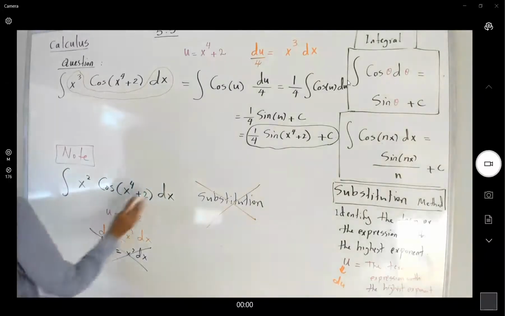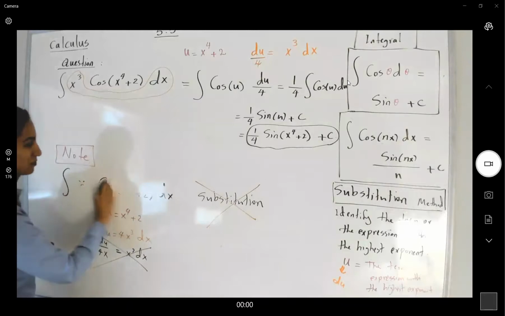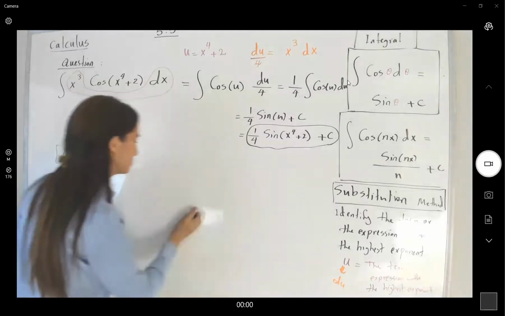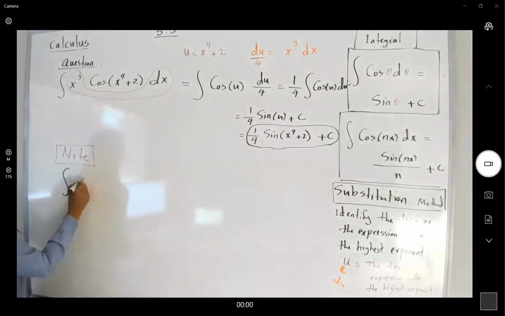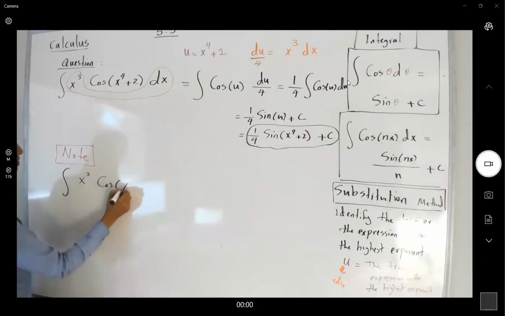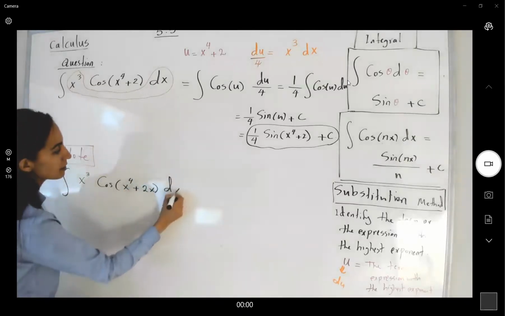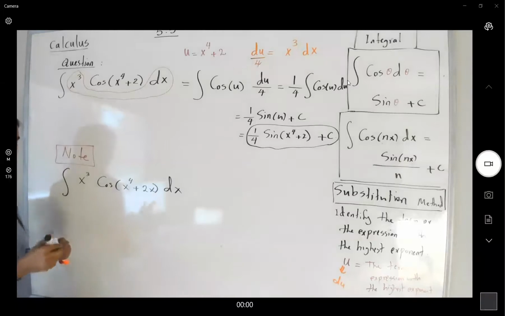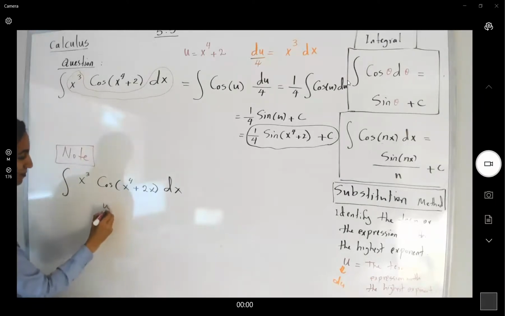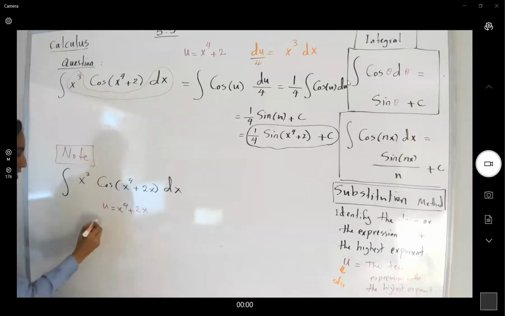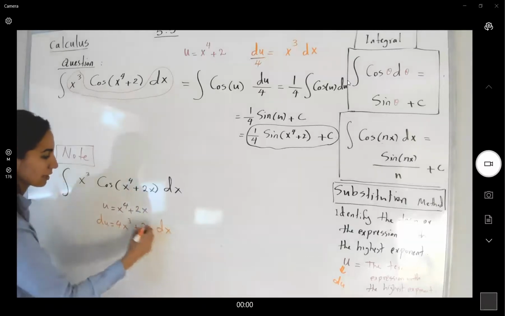So if you have something like this, another note for you. Good questions coming. If you have x to the third cosine of x to the fourth plus 2x dx, and you say that you identified the expression with the highest exponent, which is x to the fourth plus 2x, now I'm going to take the derivative of both sides. du is 4x to the third plus 2 dx.